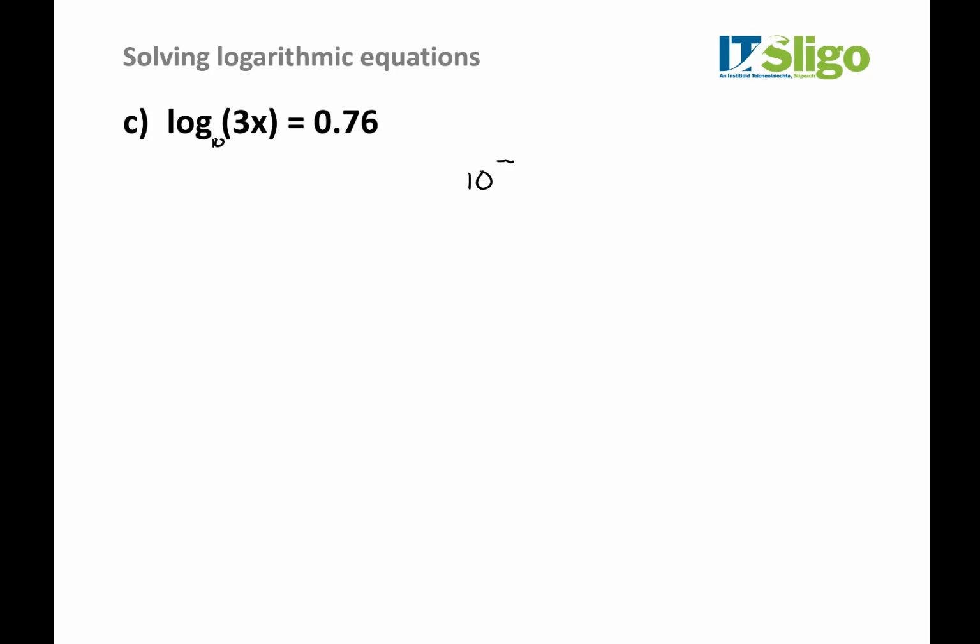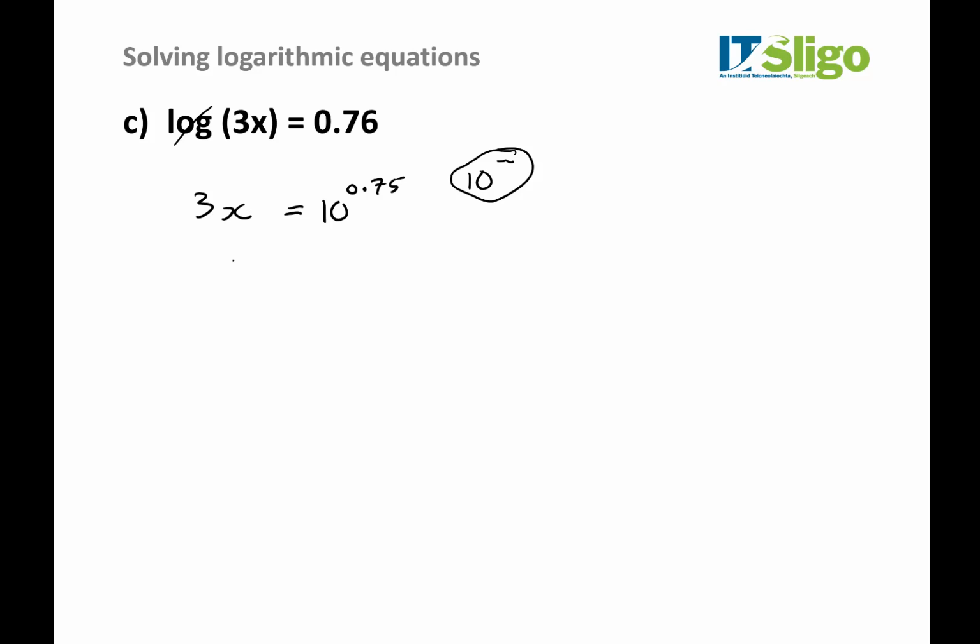So when I do that, you can kind of speed things up a little bit. When I raise both sides as a power on 10, well, on the right hand side, this is what happens. On the left hand side, when I raise it to a power on 10, that just kills the log. So this would be a more normal way to write it without writing the intermediate step.